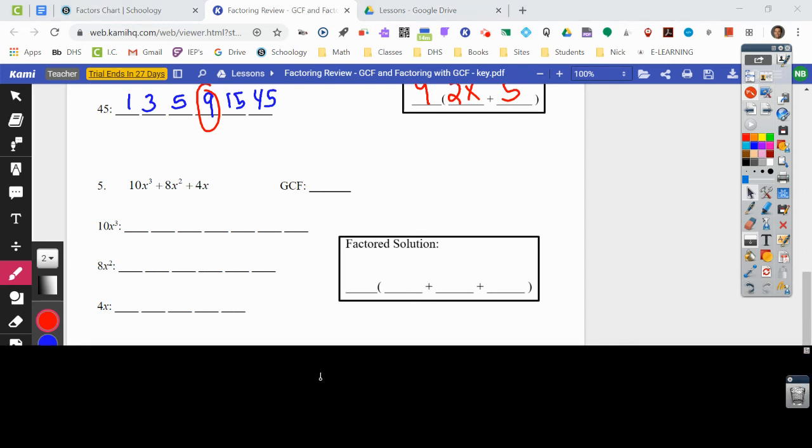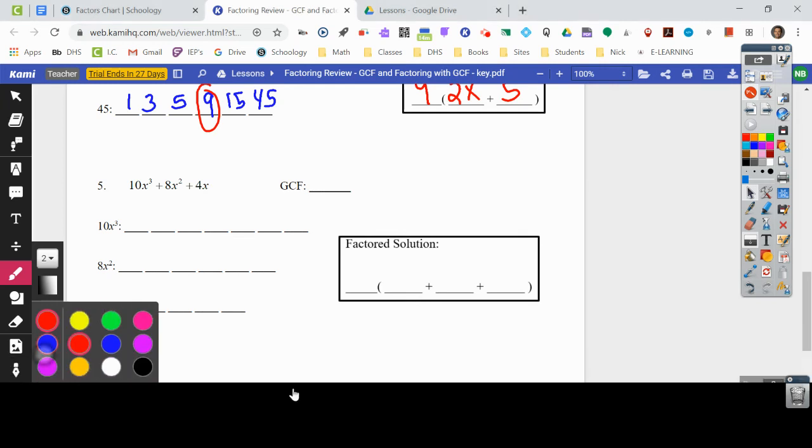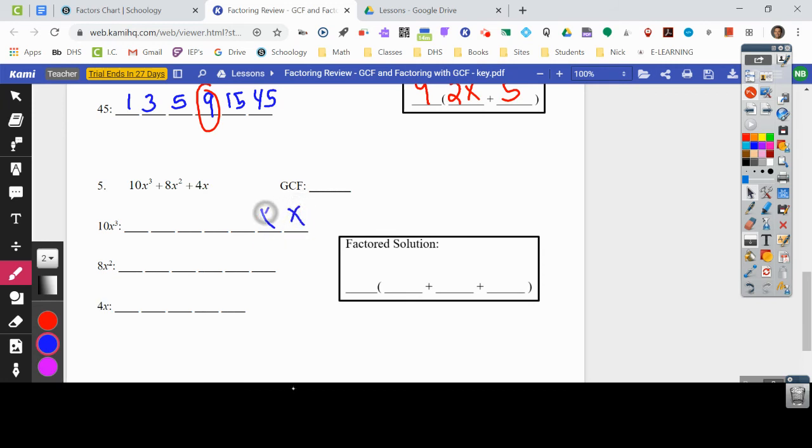All right, so we got 10x to the third plus 8x squared plus 4x. We're going to list out the factors of all our terms. We have an x, an x, an x, because it's x to the third. We have 1 times 10, and we have 2 times 5.